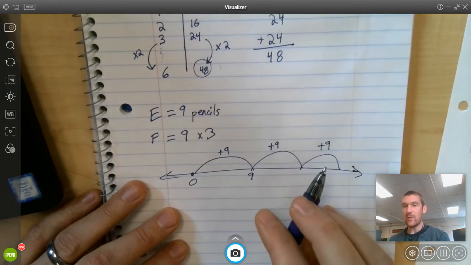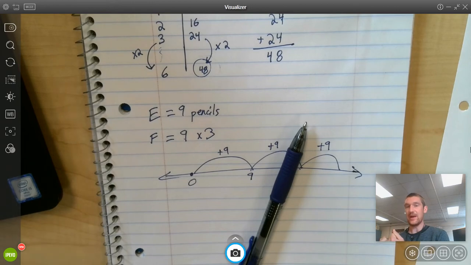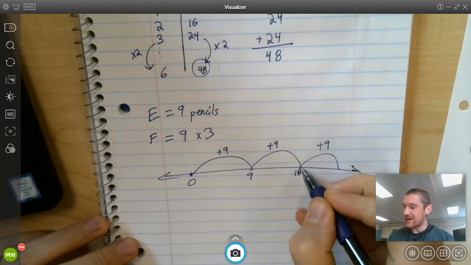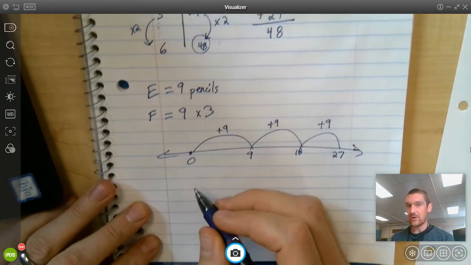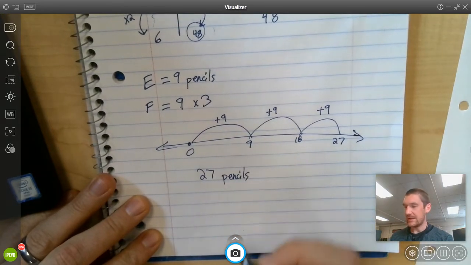If I add 9 more, it's okay to count on your fingers. Just hold up 9 fingers and count each one of them: 10, 11, 12, 13, 14, 15, 16, 17, 18. 18. Add 9 more on 18, and you'll get 27. So our answer here would be 27 pencils.